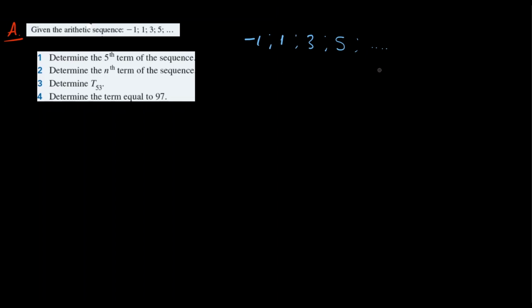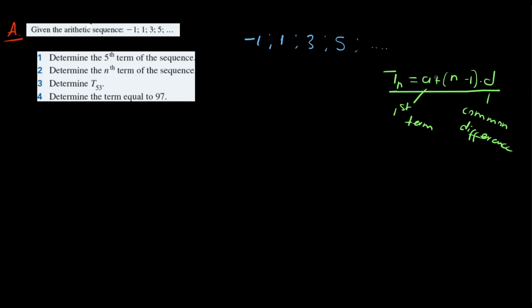So automatically we know that the general term of the arithmetic sequence given by Tn equals a plus n minus 1 times d, with a being the first term and d being the common difference. So somewhere along the line, if we're asked to find the nth term, this is the formula we'll be referencing, where a is the first term, d is the common difference.